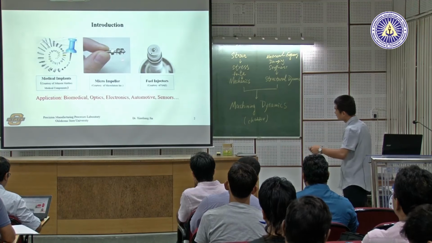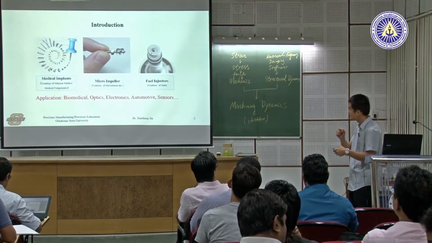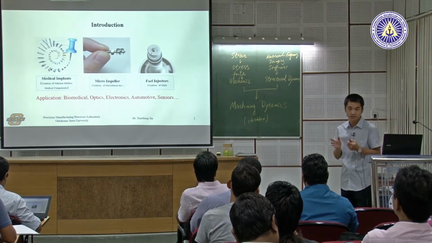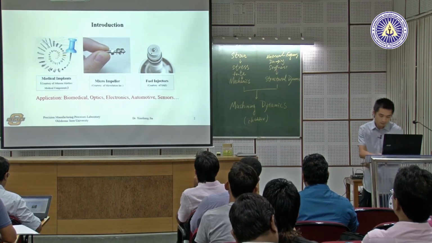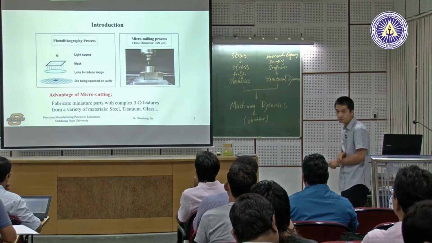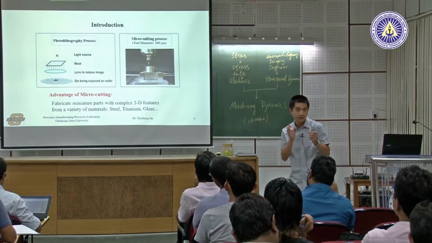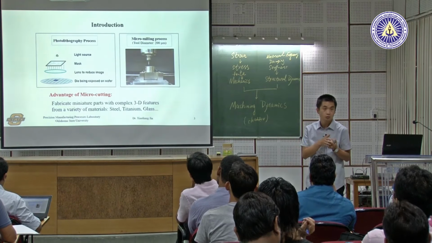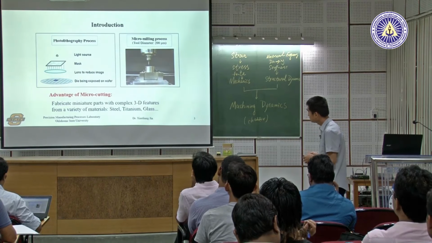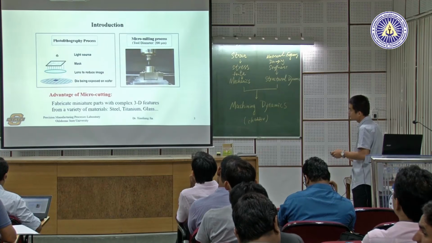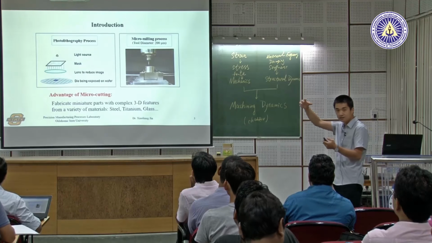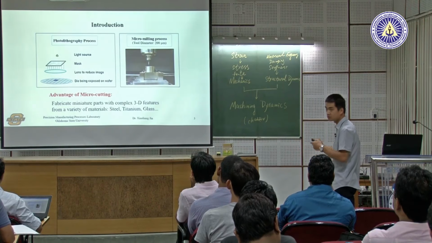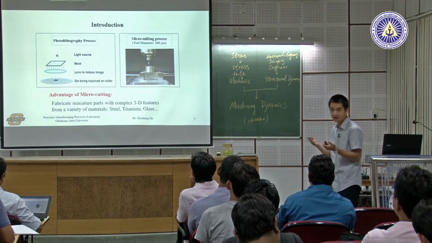Of course, when we see this, it's really on a small scale, but at the same time it requires very complicated 3D geometry, right? From the MEMS point of view, there are also several techniques for making micro features. Micro, we know, is basically below 1 millimeter level, okay? One common technique is the photolithography process. We have UV light and etch some materials on the base to generate a very precise and accurate process.